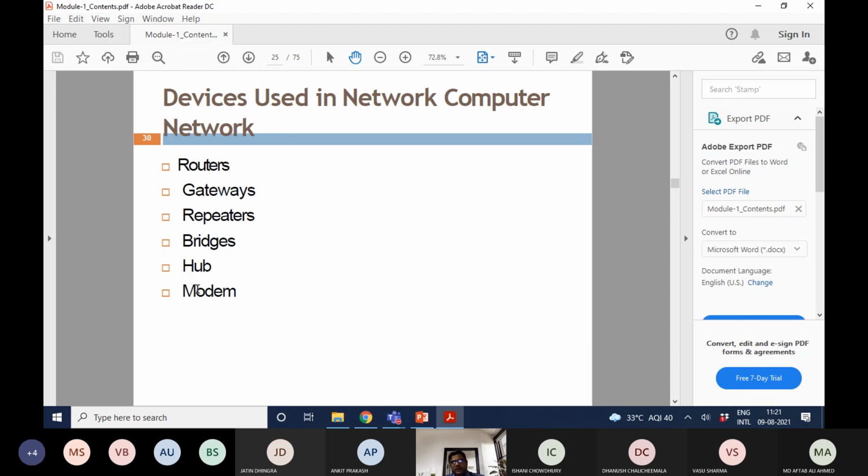Whenever it sends a signal, that signal is modulated, with the carrier frequency added to the original signal so that it is strengthened. And whenever we receive that strengthened signal in our device, we have to demodulate it so that we can get the original signal. So that is the job of our modem device.